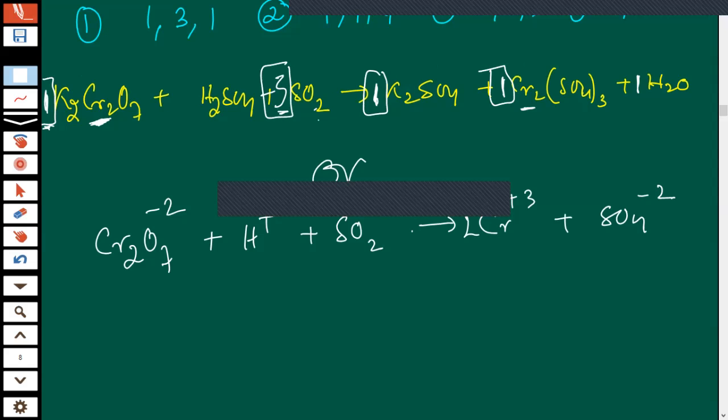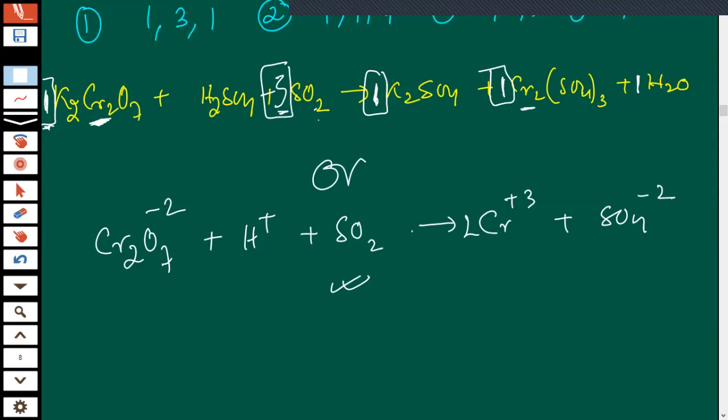Chromium is balanced, then sulfur is balanced. After that, you try to balance oxygen, or otherwise, again we will go for the ionic method. The ionic method is the base. From the next question, we will directly use the ionic method.